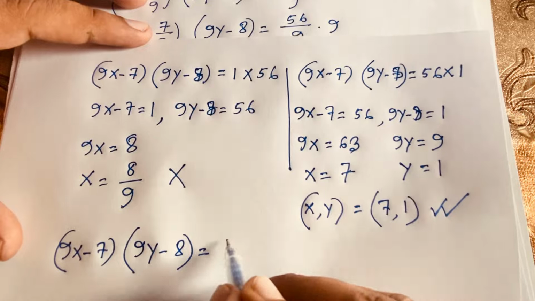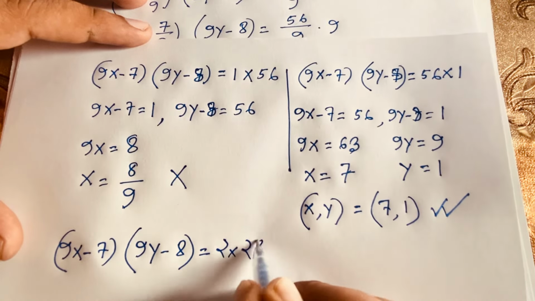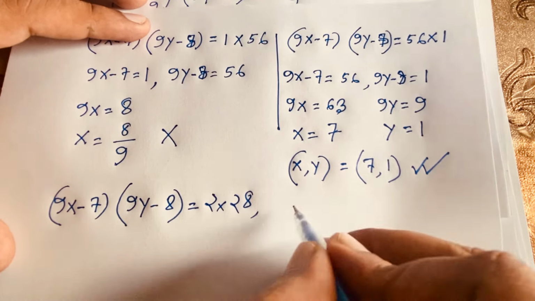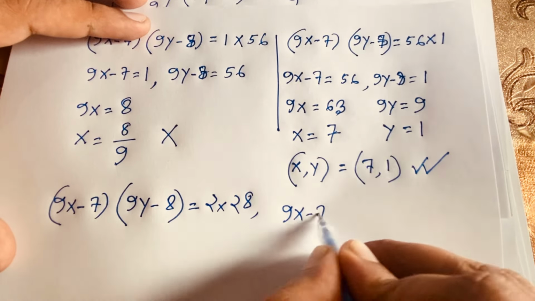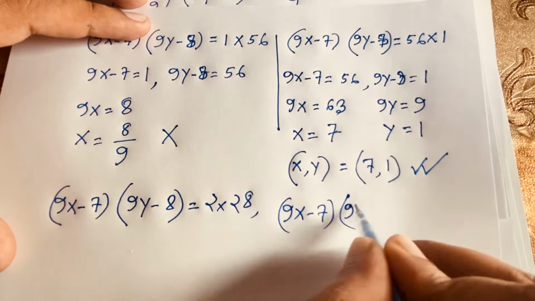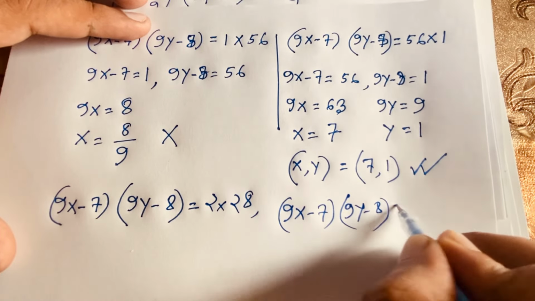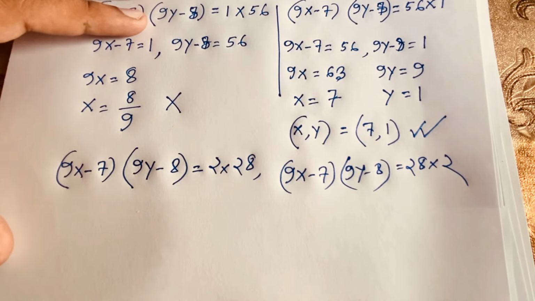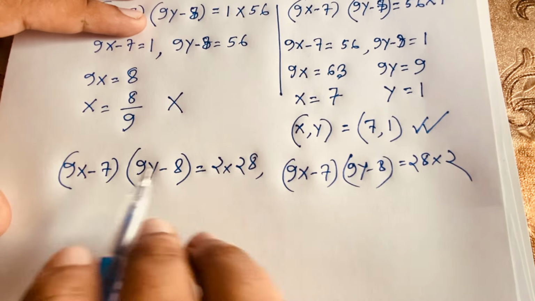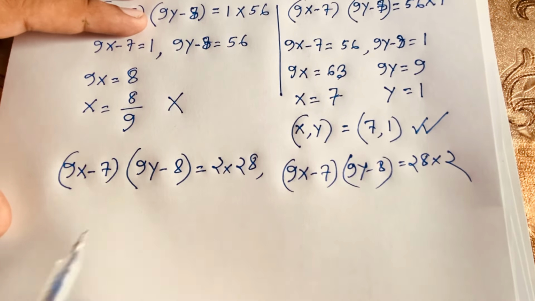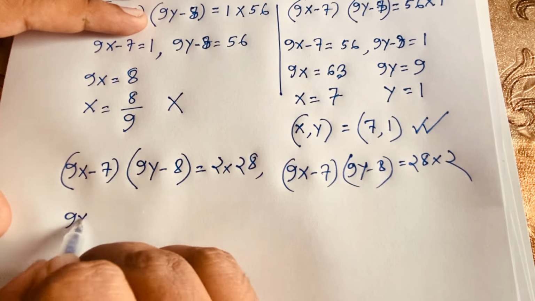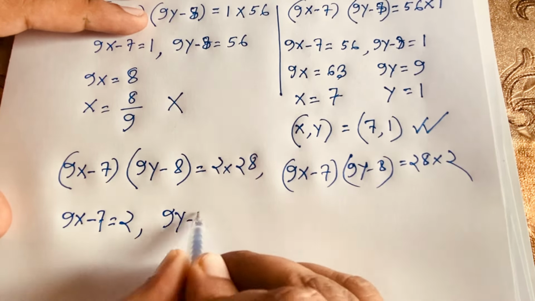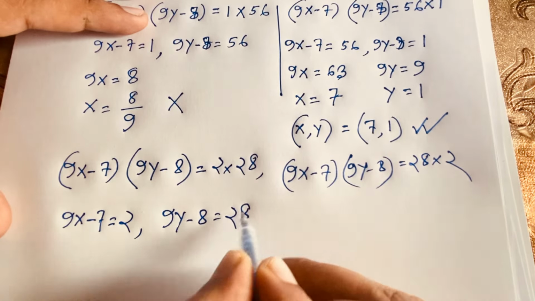And in another case, 9x minus 7 times 9y minus 8 will be 28 times 2. Now at this moment I can say this is equal to this, this is equal to this. So it will be 9x minus 7 is equal to 2, 9y minus 8 is equal to 28.